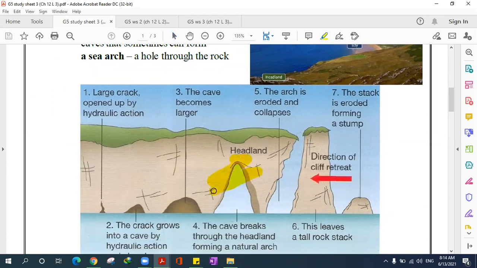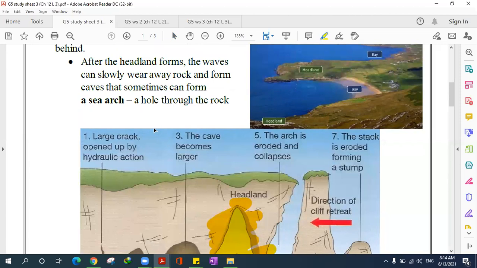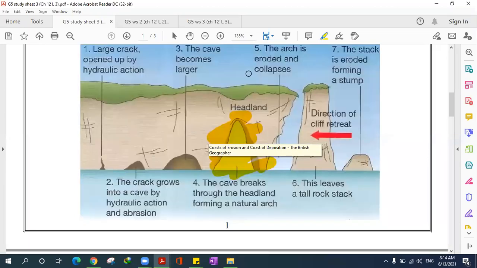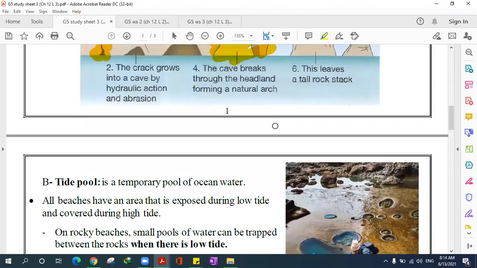Here, this part feels like a hole in the headland itself. Can you guys see it? It's like a hole through the rock. That's actually what it means. The sea arch is also formed by the motion of the water as the waves keep breaking down the rocks. You can see it starts with a small crack and keeps getting bigger and bigger until it reaches the shape of a sea arch.